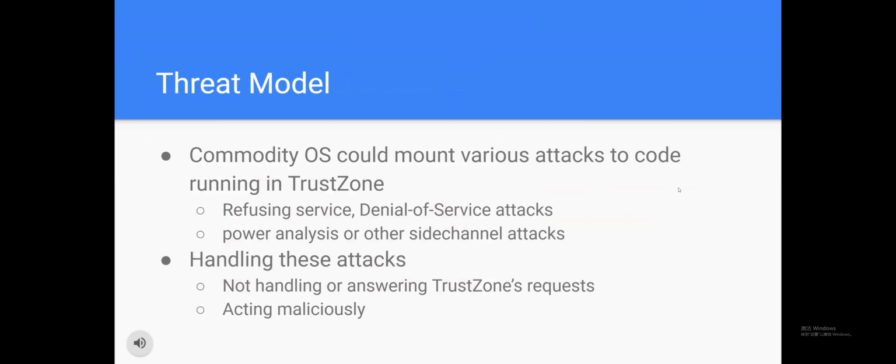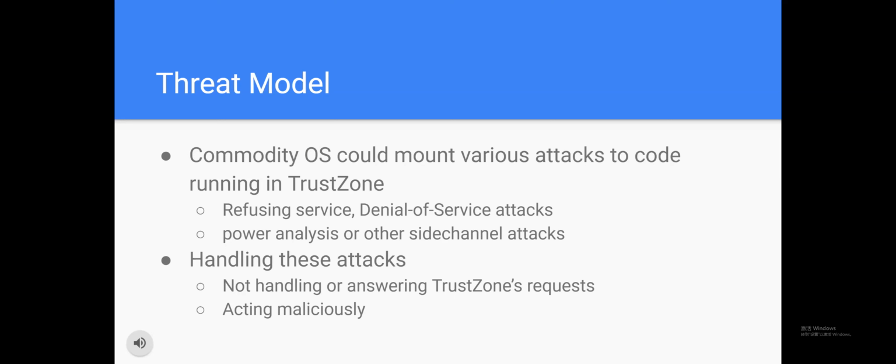A primary assumption is that the commodity OS running in the normal world is untrusted and potentially compromised. This OS could mount various attacks on code running in TrustZone, such as making invalid calls to TrustZone, not responding to requests coming from TrustZone, or responding incorrectly. In handling these attacks, it is important to distinguish between two cases: not handling or answering TrustZone's requests, or acting maliciously.